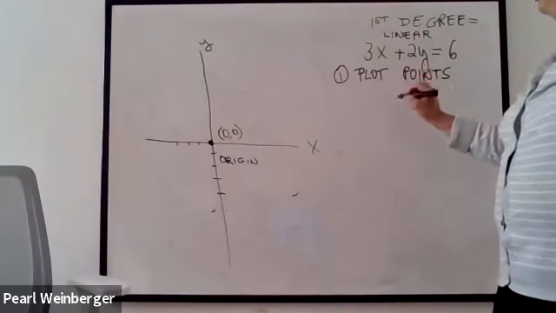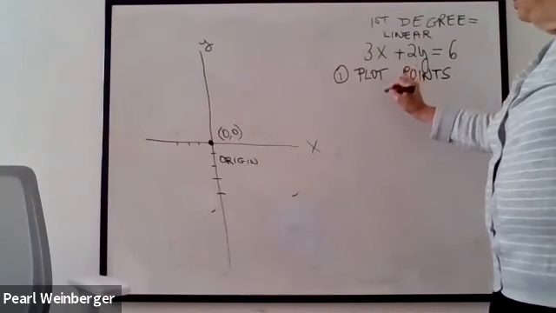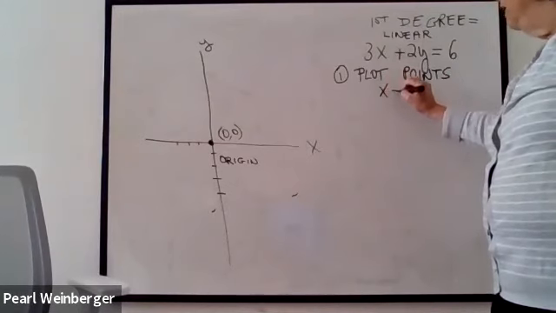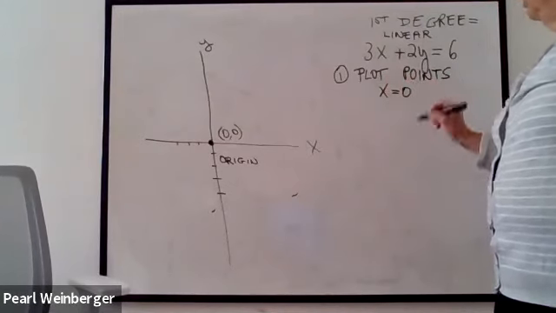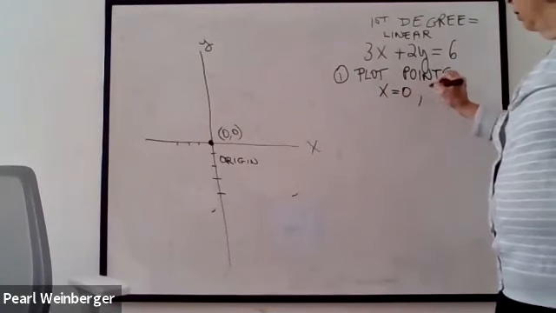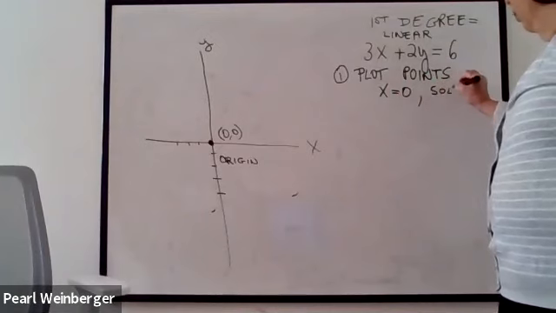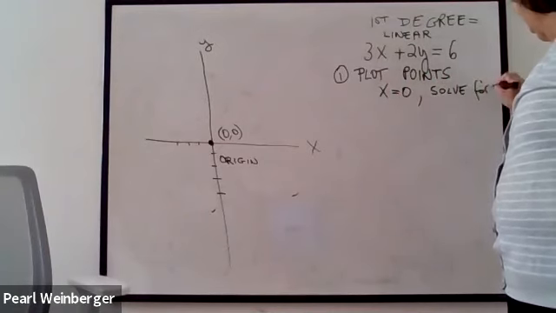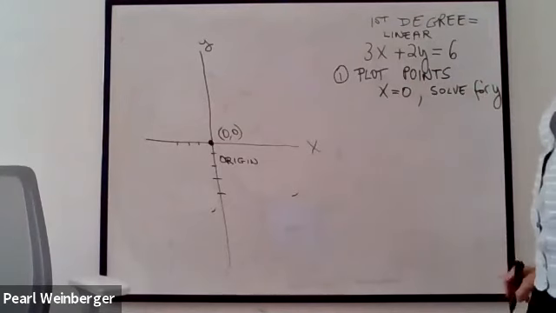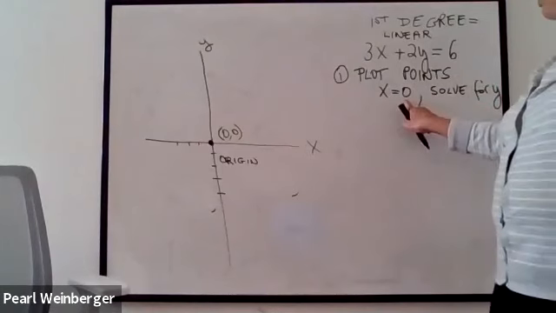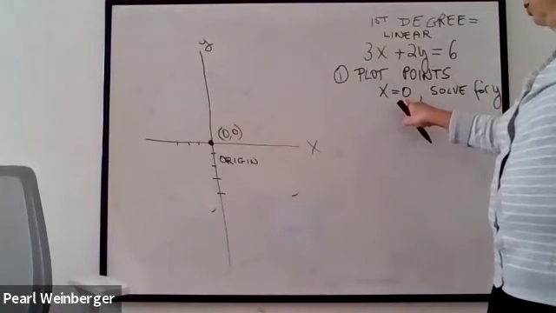So what I can do is just arbitrarily pick a value for x. Let's say I pick x to be 0. Solve the equation to find y. And then that will give me a point on the graph. I picked 0 because 0 is usually an easy number to work with.